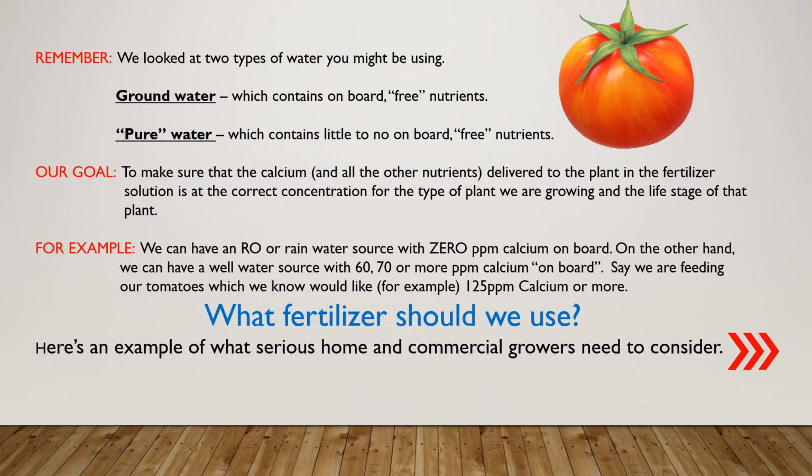Our goal is to make sure we deliver the right level of each nutrient, and to remember that we may use something like rainwater or RO water, which might have, in this case, 0 parts per million calcium on board, or we may be using a ground-based water source with 60, 70, 80 parts per million calcium or more. So let's take a look at what might happen as we choose different types of fertilizers.